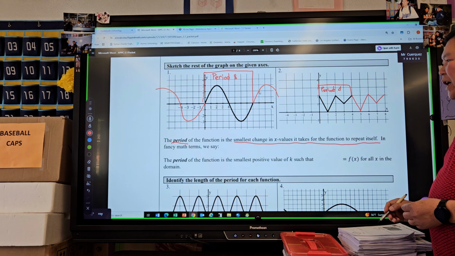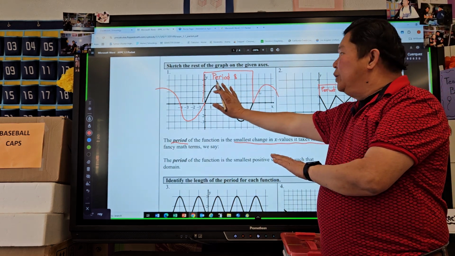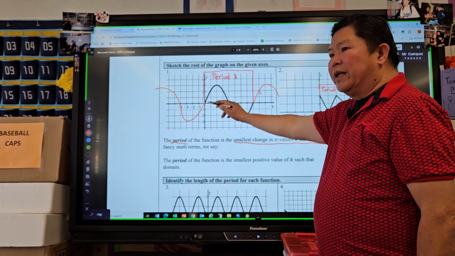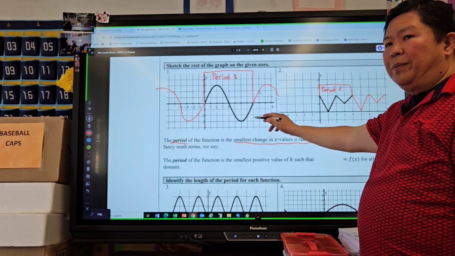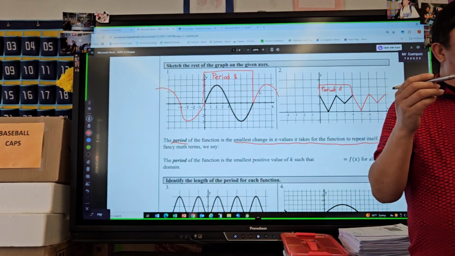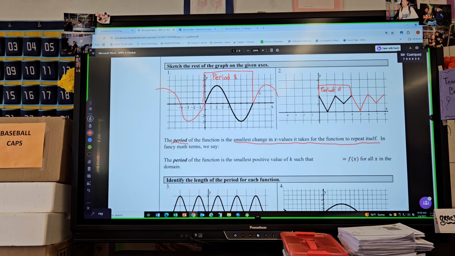So, that means, let's go back to number 1. So the cycle is how many periods? 8. So every cycle corresponds to 8 periods. You get me?